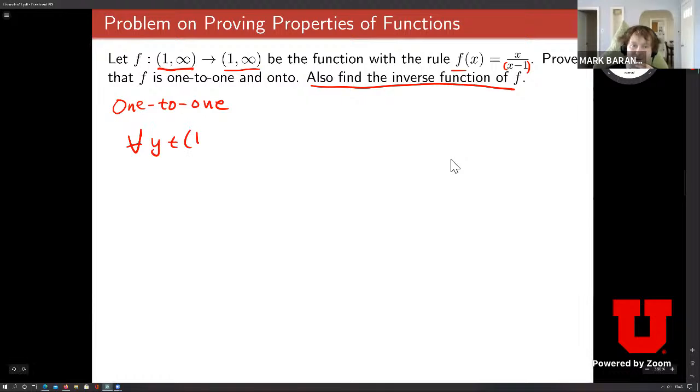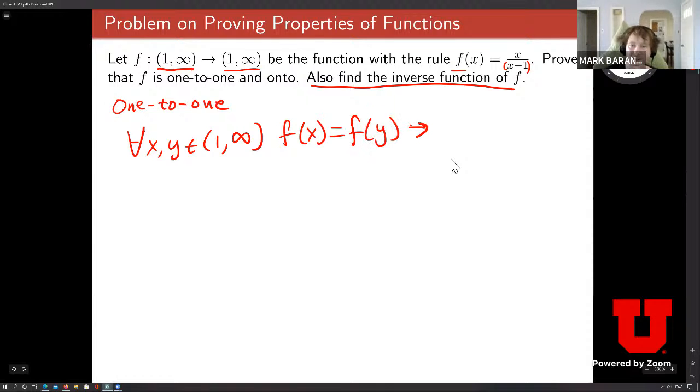So for all x comma y in 1 to infinity, if f of x equals f of y, then we need to show that x equals y. I'll just start on that because we're very low on time.